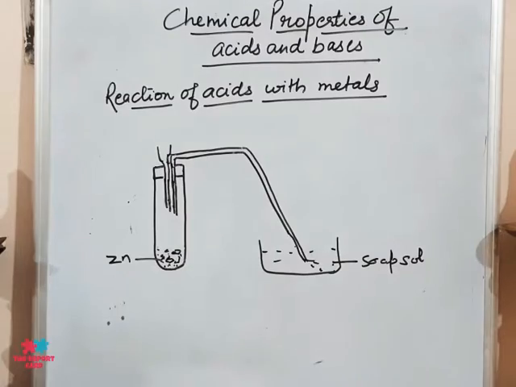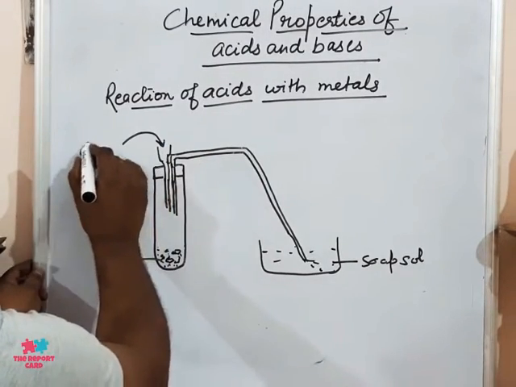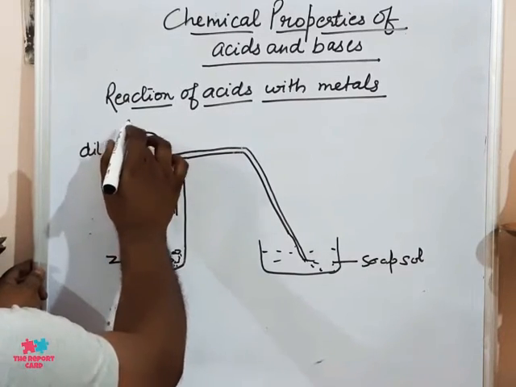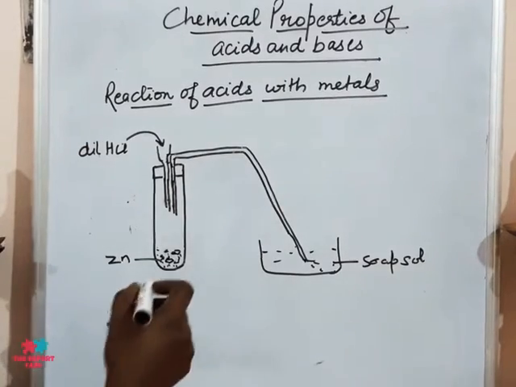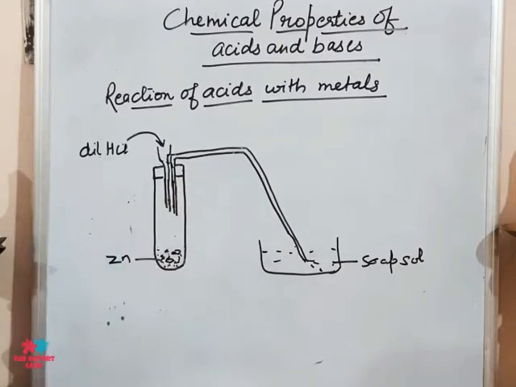Now what you need to do is add dilute sulfuric acid, or you can add dilute hydrochloric acid, anything you can add. The moment you add it, you will see that some gas starts evolving.